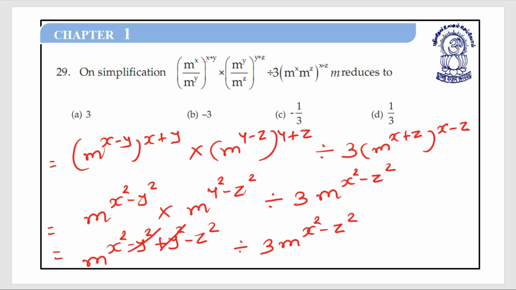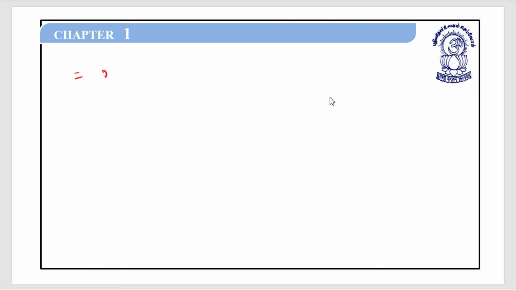Minus y square plus y square cancel. So m raised to x square minus z square divided by 3, m raised to x square minus z square.